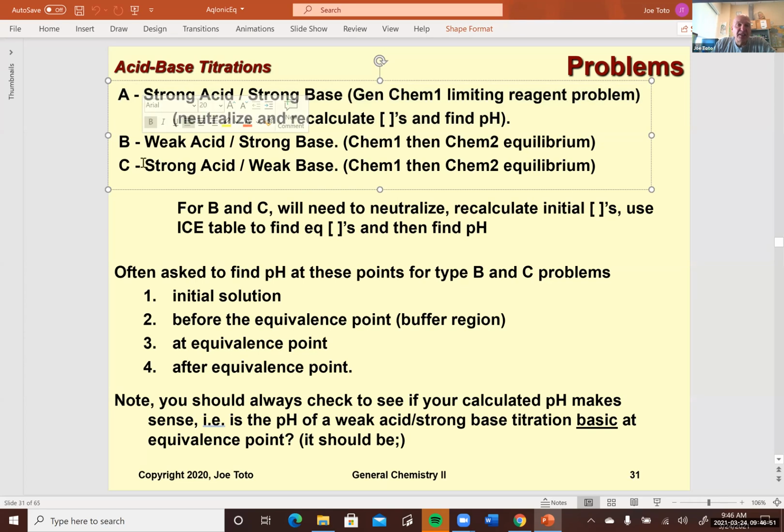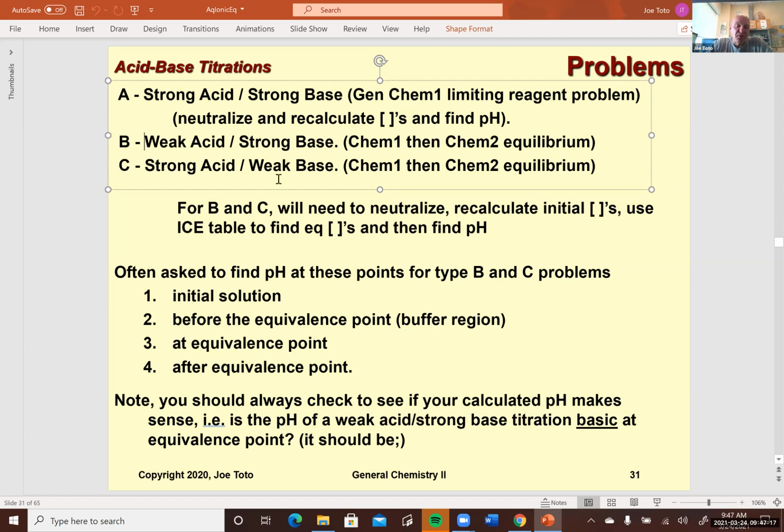As you titrate a strong base into a weak acid, or you titrate a strong acid into a weak base, then we have to look at it kind of like a buffer problem, where the first reaction that takes place is one to completion of a strong with a weak.